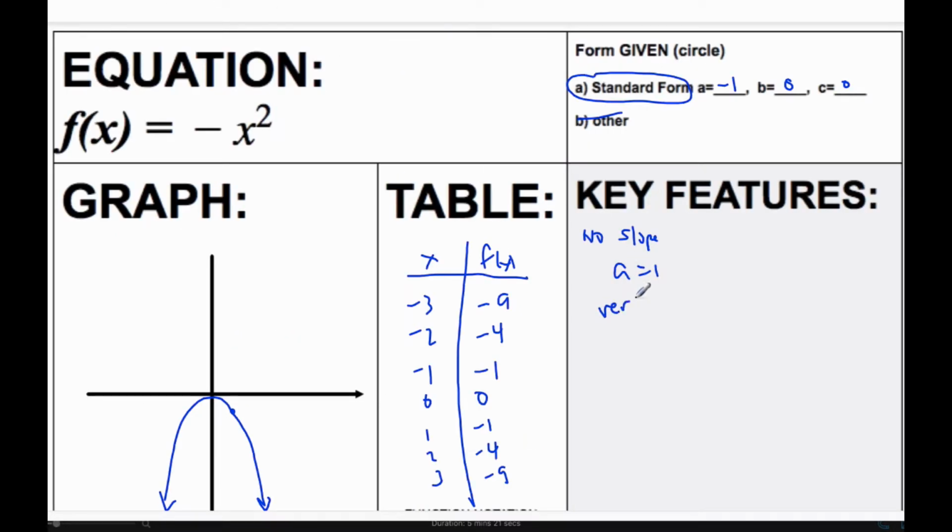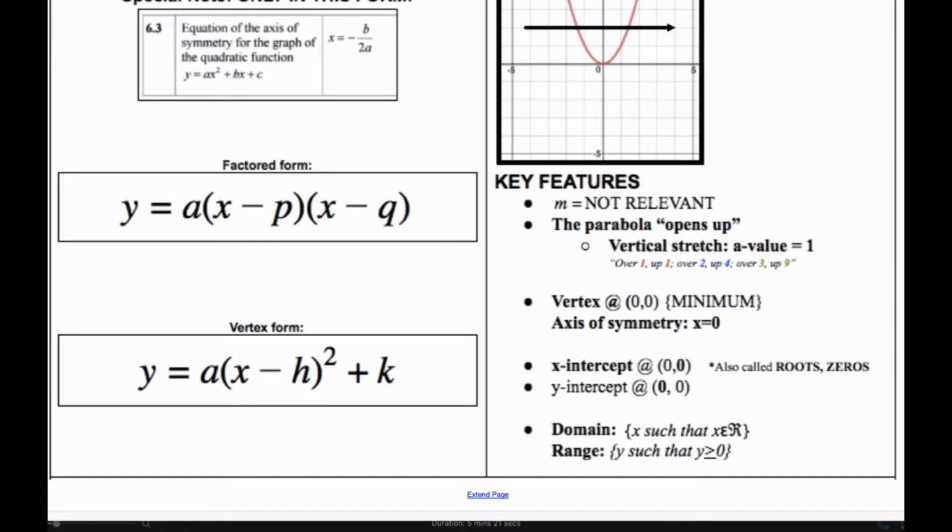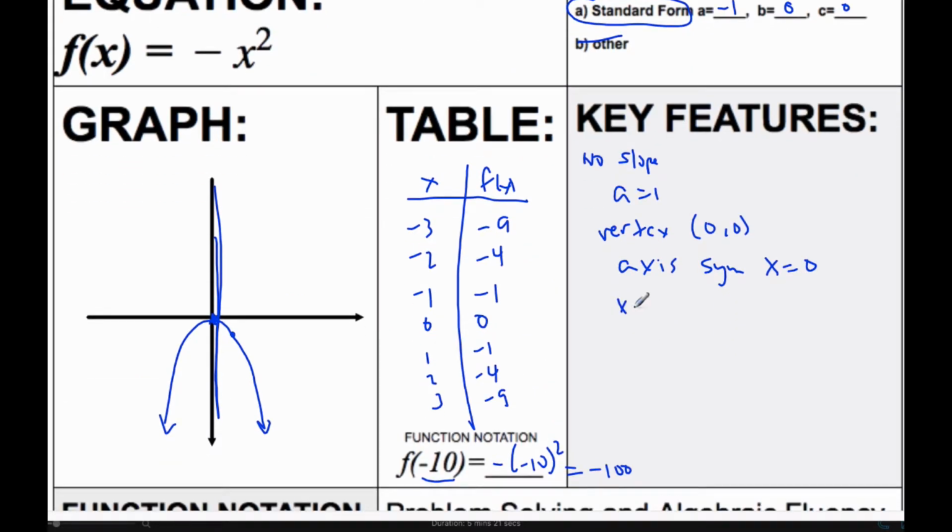My vertex, well, here's my maximum, it's 0, 0. My axis of symmetry is going to be right here still. My graph is symmetric about the line x equal to 0. I also need to talk about my x and y intercepts. That's easy in this case. My x intercept is 0, 0. My y intercept is also 0, 0.